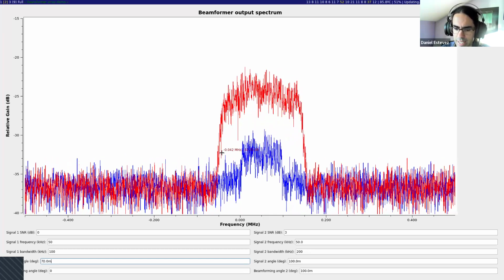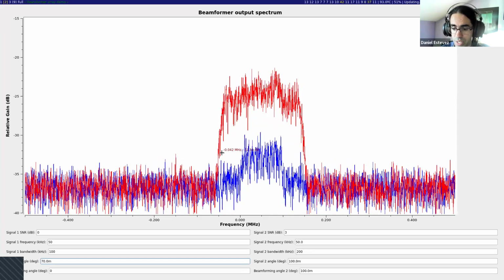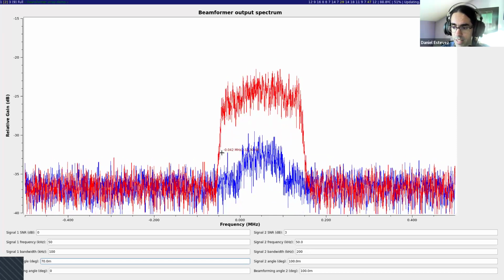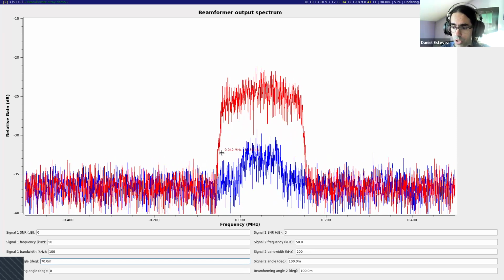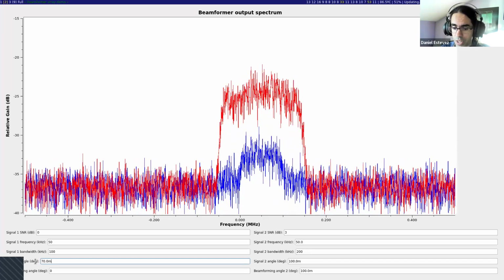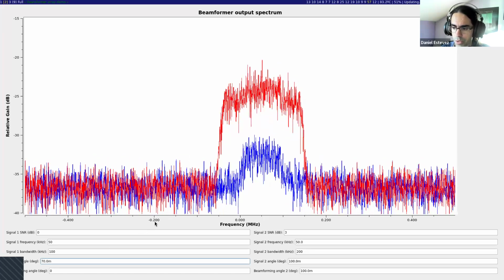I could do this by hand, but it is terribly time consuming. But this is the quantity I want to look at. This is important because it tells me the response of the beamformer, how much signal I will see depending on the angle of arrival of the signal. So this is what we want to compute.